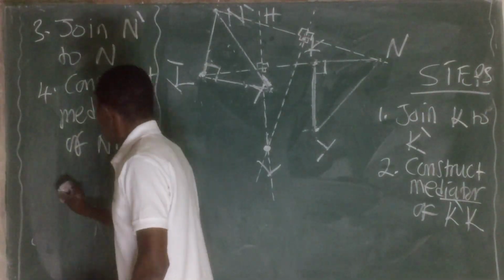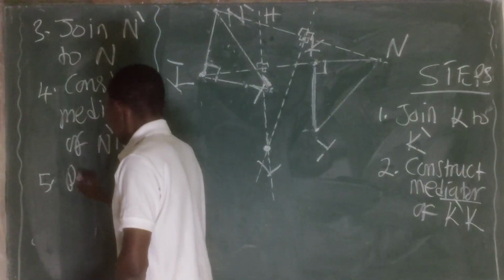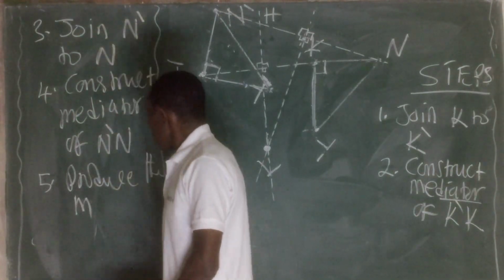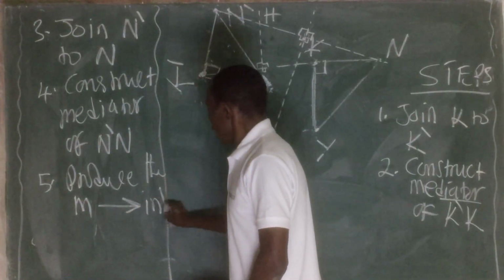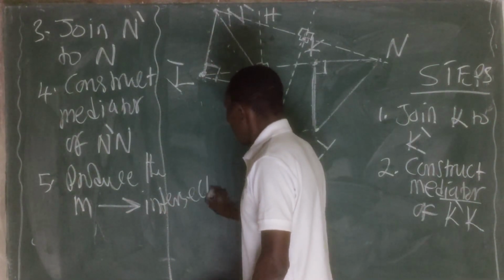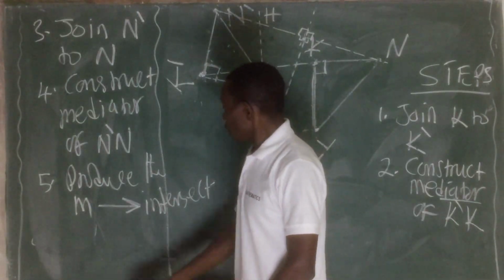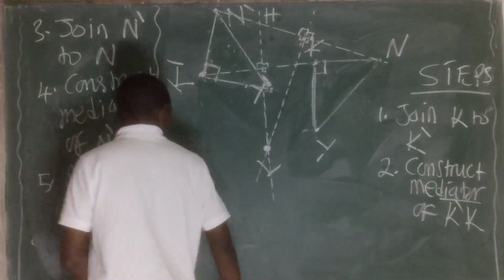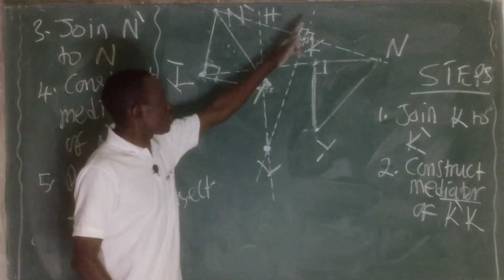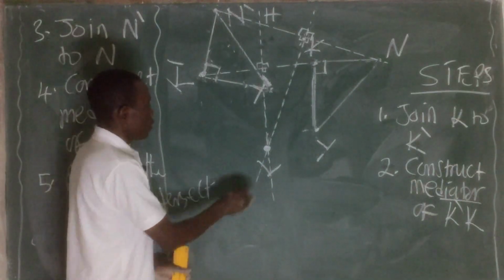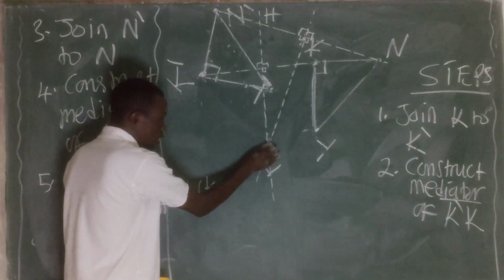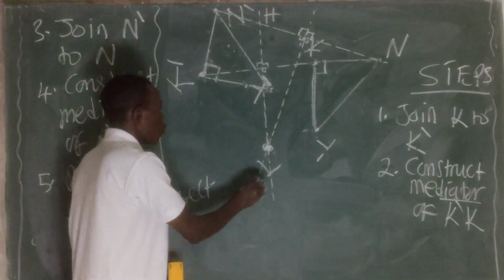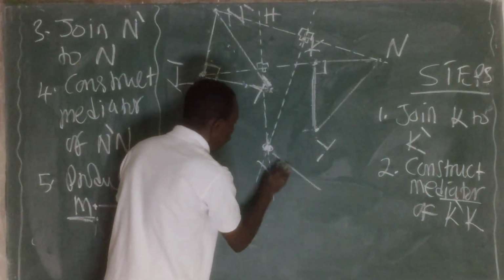So for point number 5, you produce the mediators until they intersect at one point. This is the mediator, that's the mediator. I produce them. They are going to intersect here. So this point where the mediators intersect is your center of rotation.